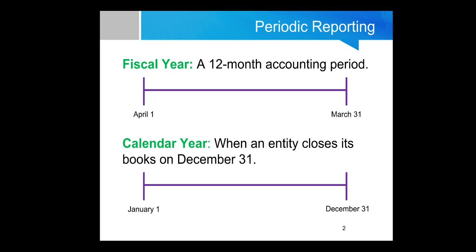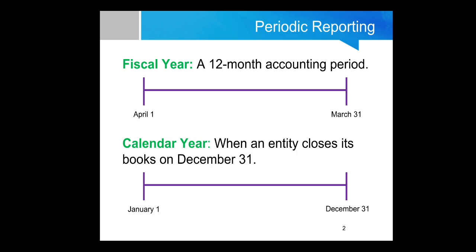Every 3 months, they will prepare an income statement and balance sheet because they want to know the profit every 3 months. Some businesses do it every 6 months, but all businesses are compulsory, according to law and regulation, to close their account at least once a year. Okay, that's it.